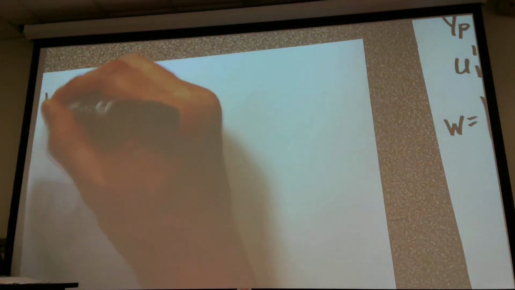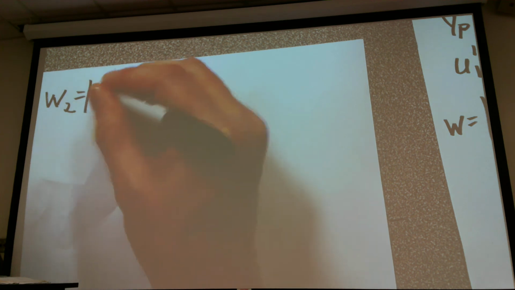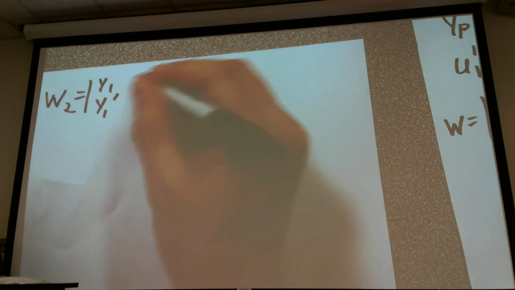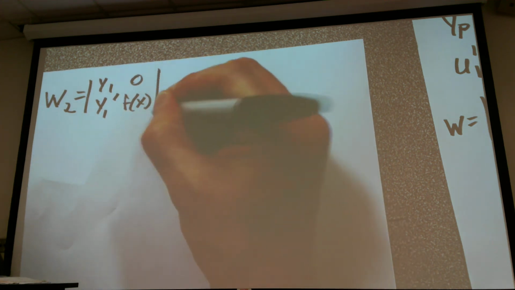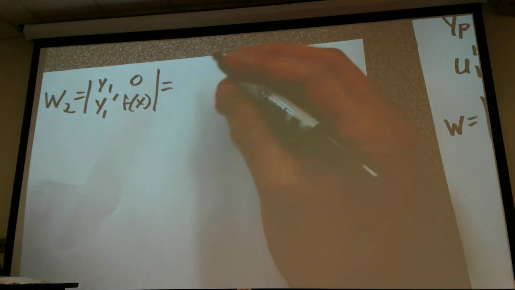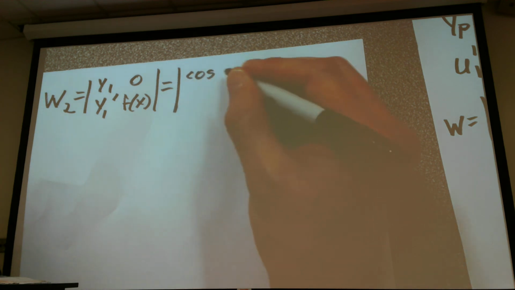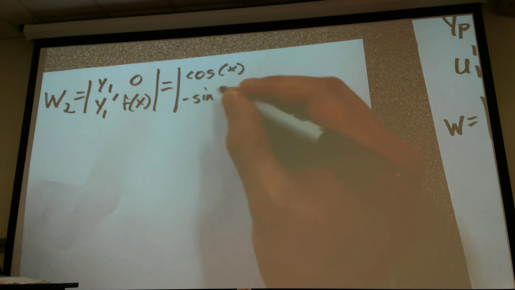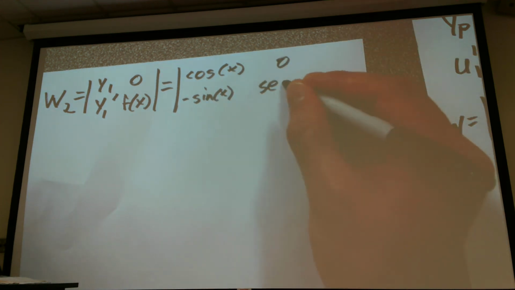Now w2, which is going to equal y1, y1 prime, 0, and f of x. So y1 was cosine of x, the derivative of cosine is negative sine of x, this is 0, and this is secant of x.